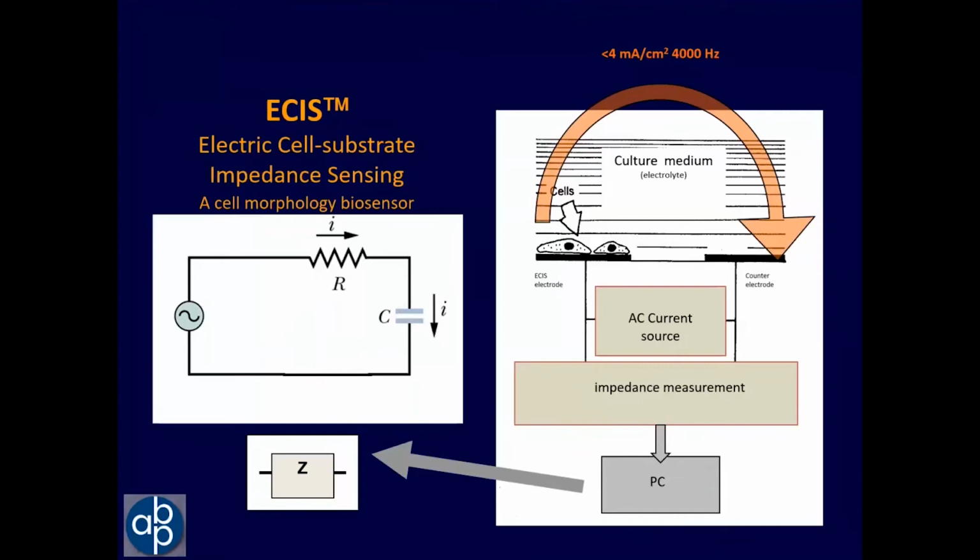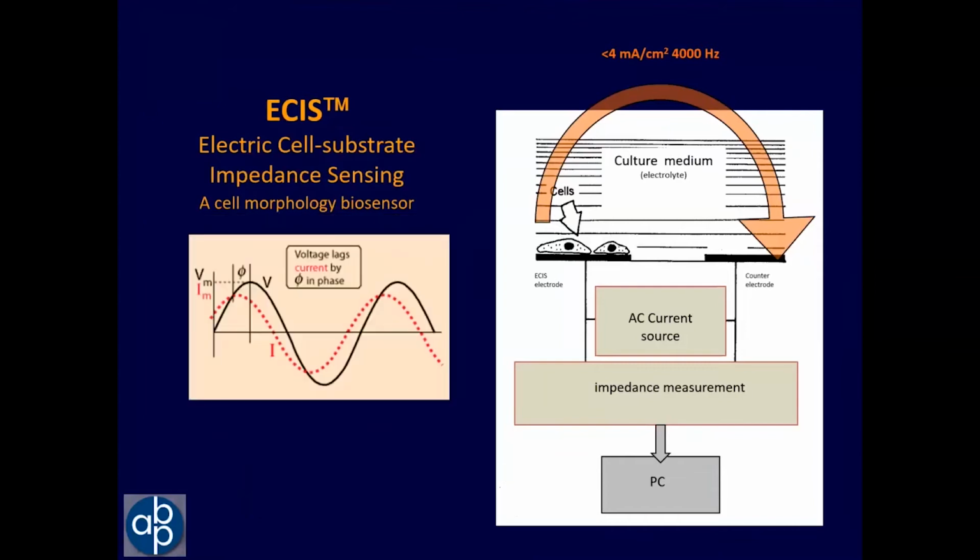So now when we take the measurements using ECIS, this is what the current flow looks like and the voltage. The current we're applying is the dotted red line. It has a certain frequency. The voltage we measure, the solid black line, will have the same frequency.